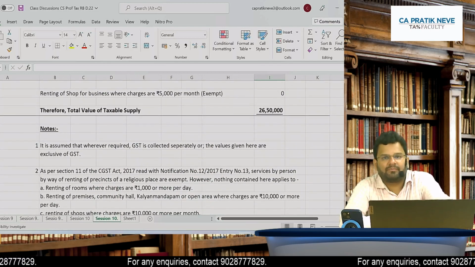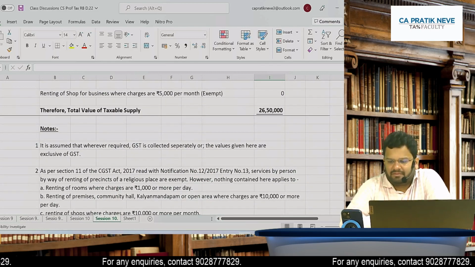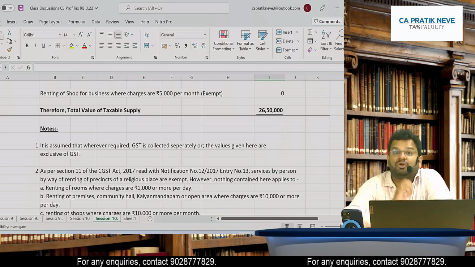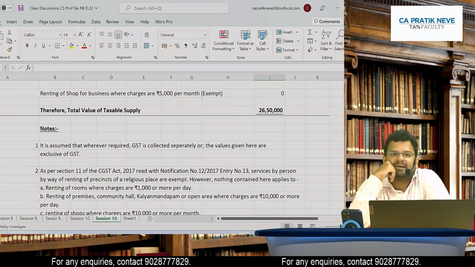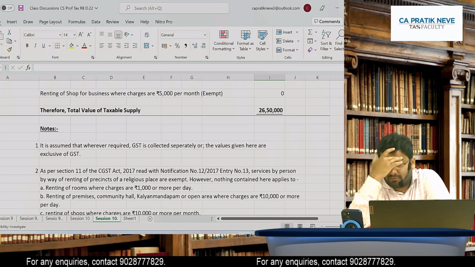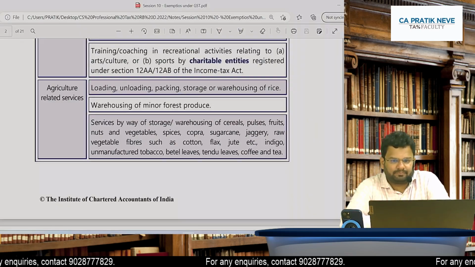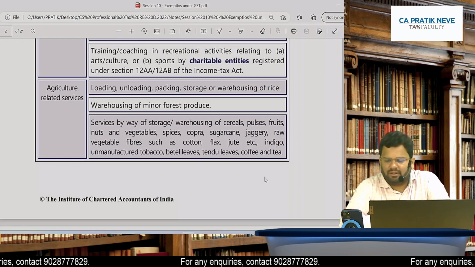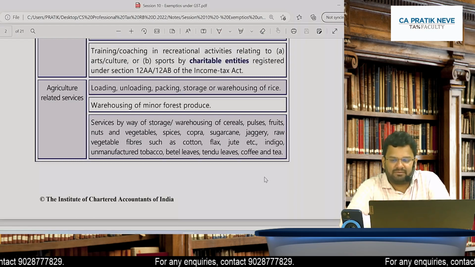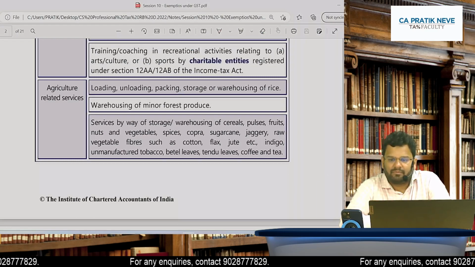Solution. Okay. Did you understand? Are you able to recollect? Yes, very good. Going ahead now. So this way you can easily revise your exemptions as well.